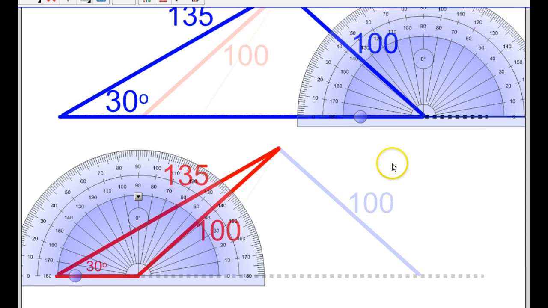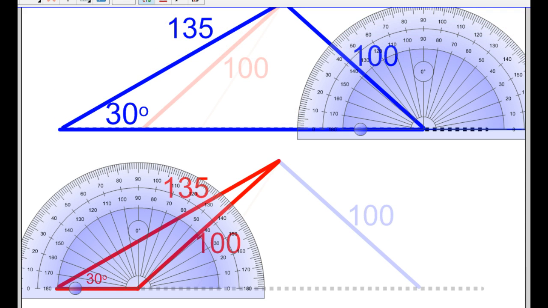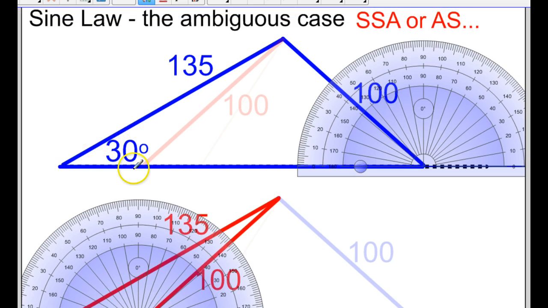Now what's of interest to me is the resulting angle here. Because if I was to do a sine law question, I have this angle and this side, and this is the angle that I would end up finding. So just basic sine law says sine of this angle divided by 135.